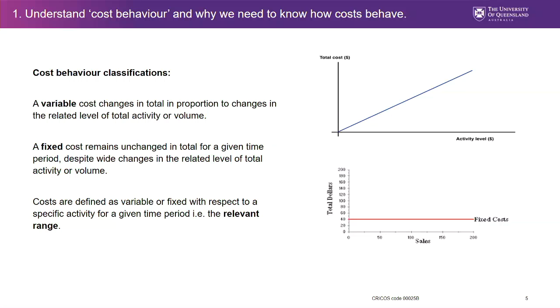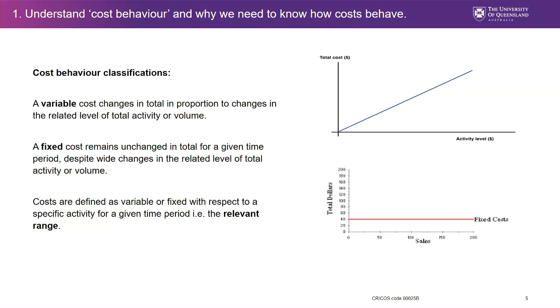Okay, so what's really important here is that it's in total for a given time period, and there's wide changes in the related level of total activity or volume. So this time period, where there's this range of activity, is called the relevant range. So this cost is fixed over the relevant range of 0 to 200.